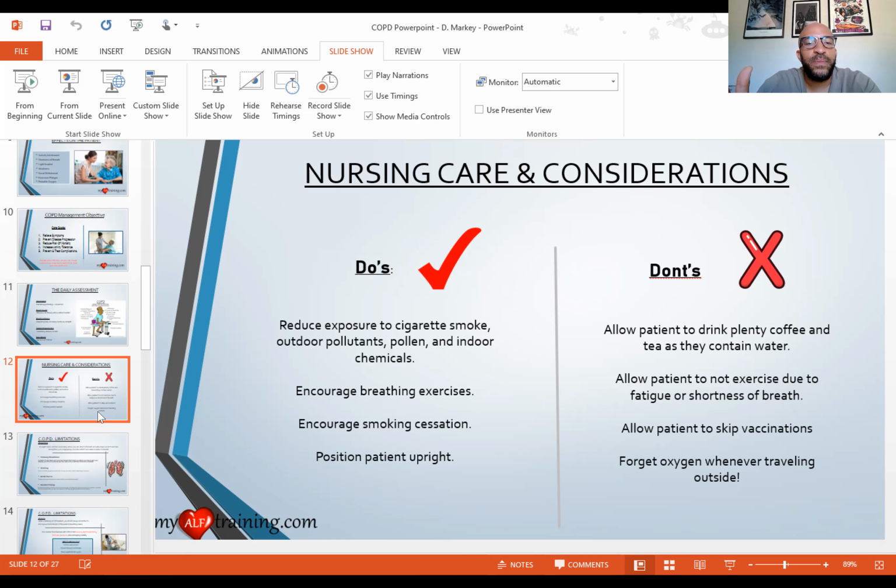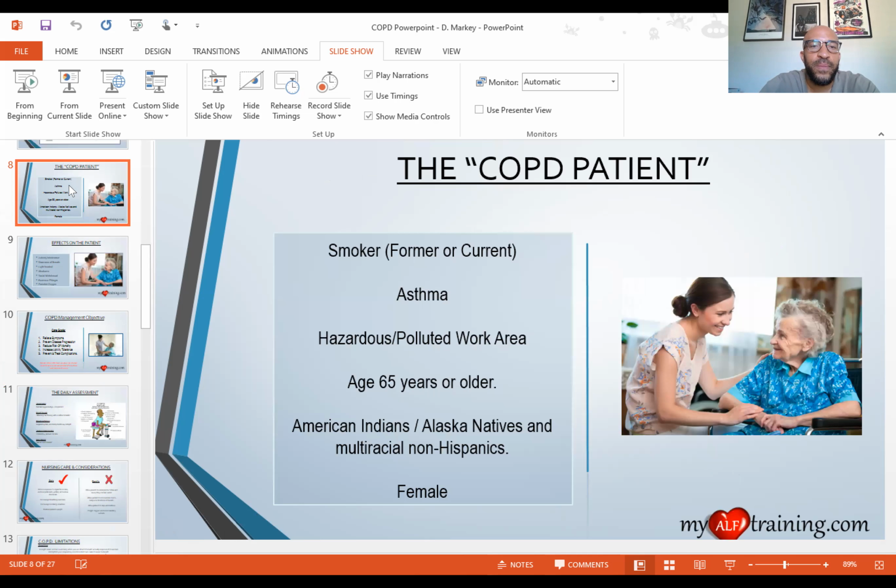Also, smoking, if you remember, was the lead characteristic of our COPD patient: a smoker, whether they're former or current.